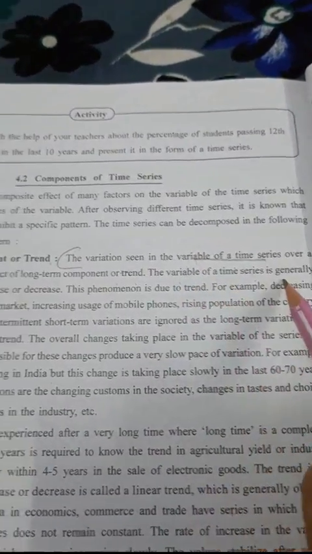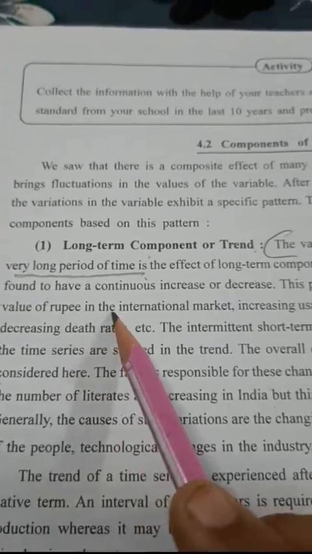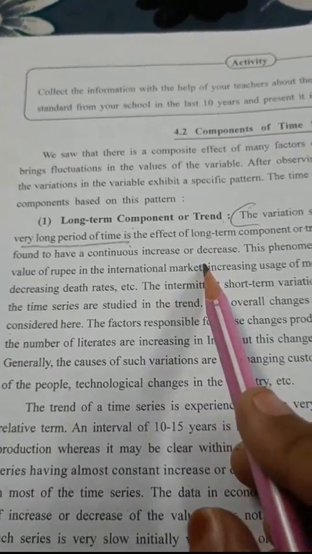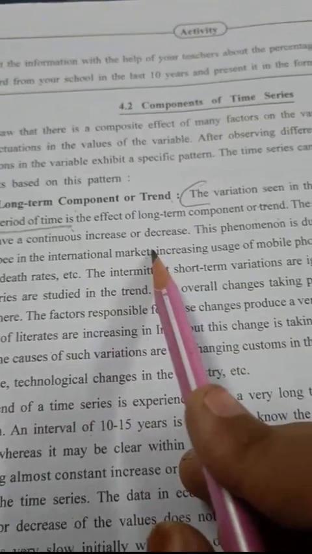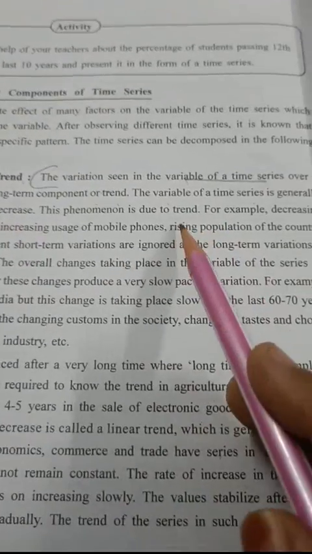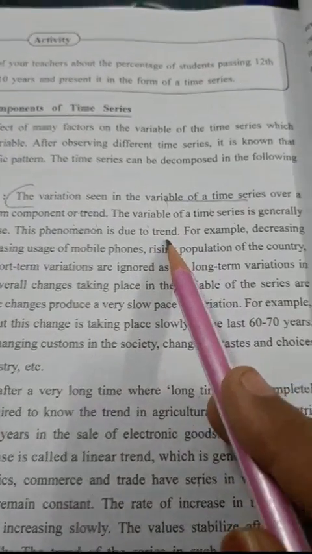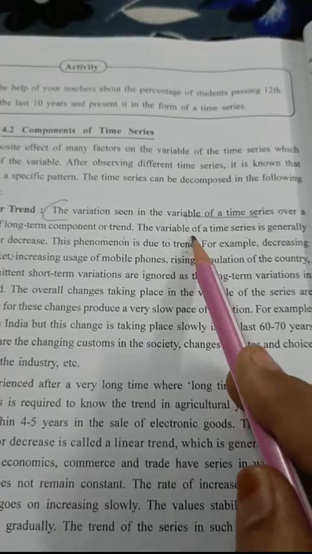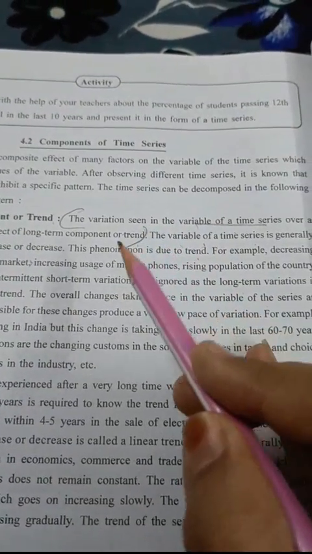The variable of a time series is generally found to have a continuous increase or decrease. What will happen in the long term? Either a continuous increase will be there for a long period of time or a continuous decrease will be there for a long period of time. This phenomenon is due to the trend. Okay, so up till here you have the meaning.